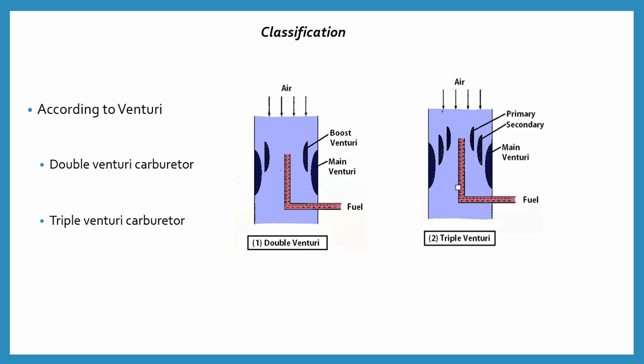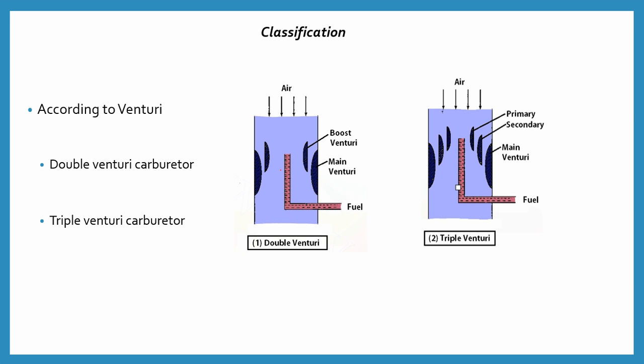The outlet of the primary venturi is placed in the throat of the secondary venturi, and the outlet of the secondary venturi is situated near the throat of the main venturi.